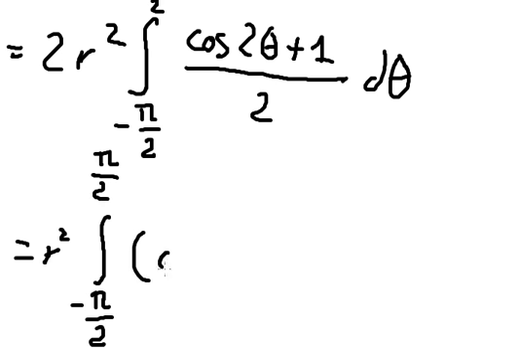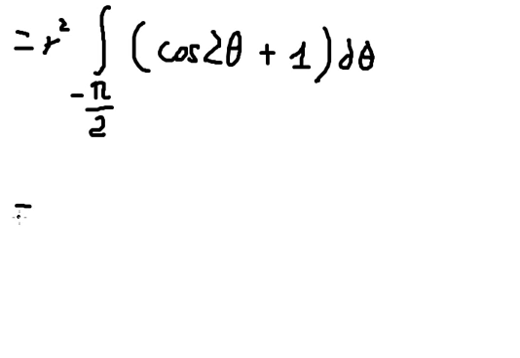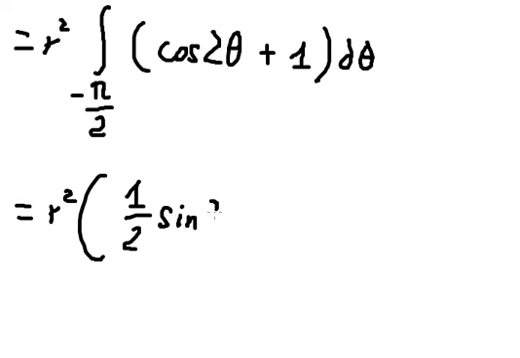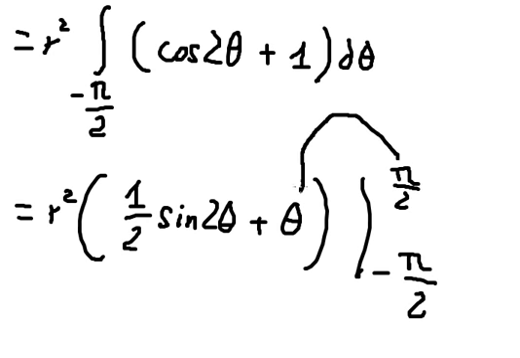And this one we have cosine 2 theta plus 1 d theta. The integration of cosine 2 theta we have 1 over 2 sine 2 theta. Number 1 that is theta, and we put the bounds from negative pi over 2 to positive pi over 2. And I will put this one gone here and this one gone here.